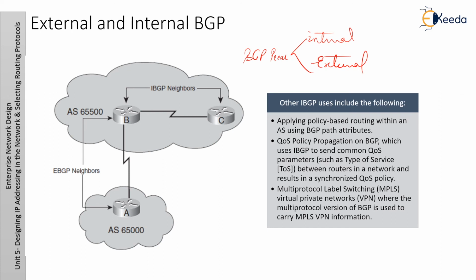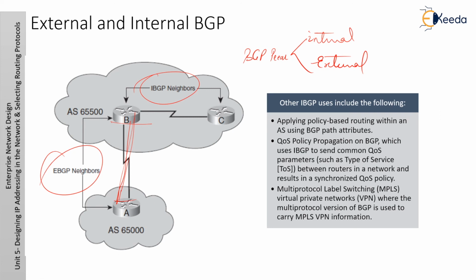When BGP runs between multiple different autonomous systems, it is called external BGP, EBGP. Inside one network, this becomes IBGP, and between two different networks, it is known as EBGP. Clear?